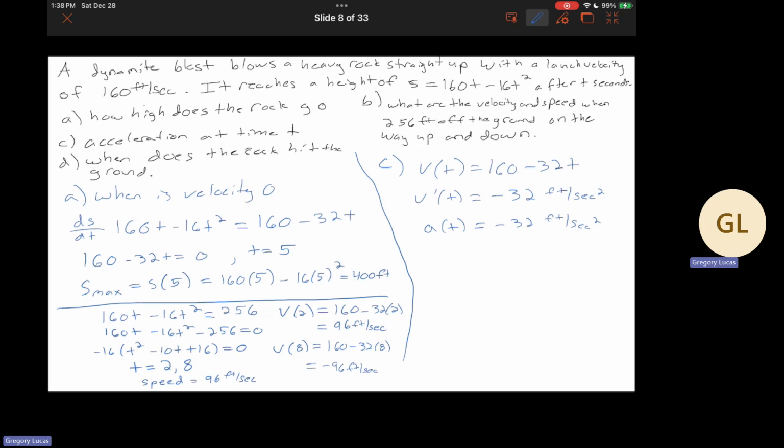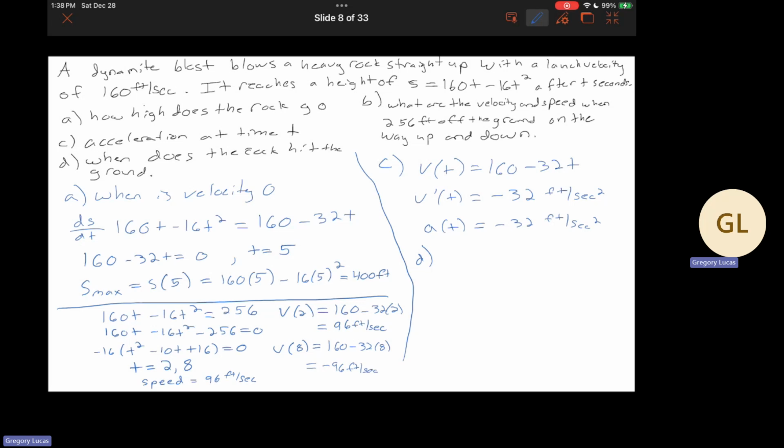So now we can move on to D. When does the rock hit the ground? Let's go to our velocity question. Remember, we looked at when velocity is 0. It's going to be similar, but instead we want displacement this time to be 0.